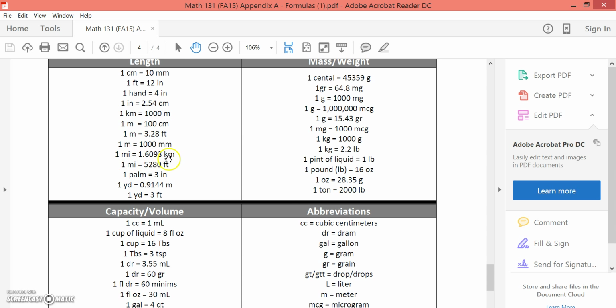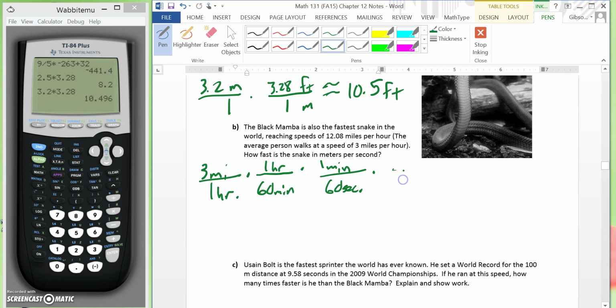Now, if you notice here, miles and kilometers are together here. Remember, we did this before. To change this to meters, we had to move this decimal 3 places to the right. So it'd be 1,609.3 meters all over 1 mile.